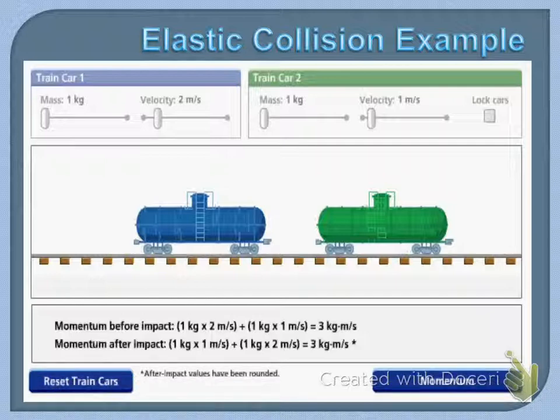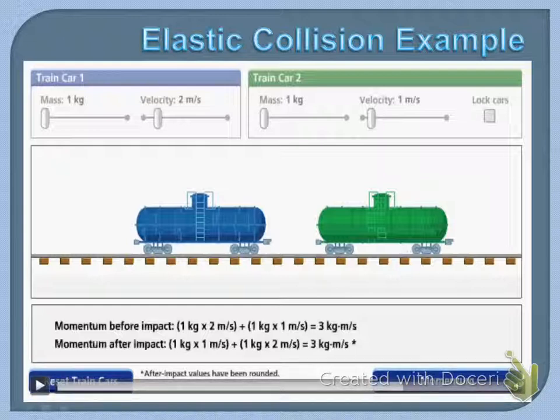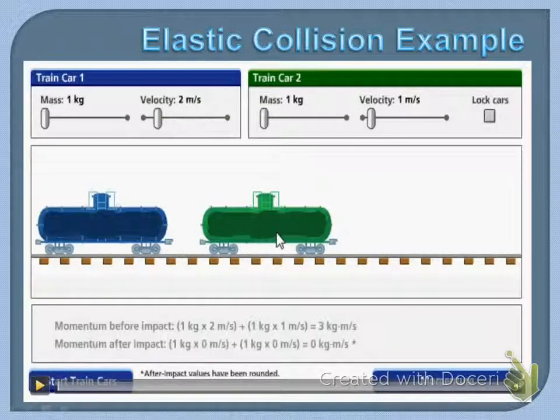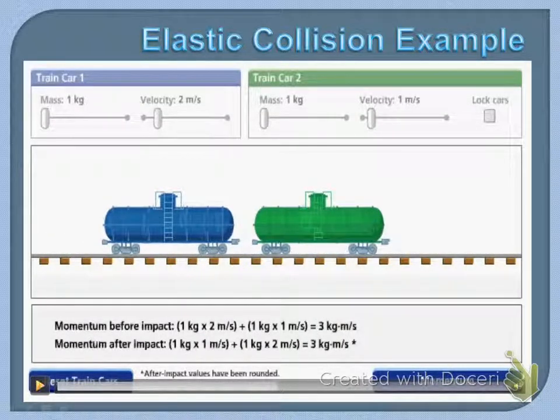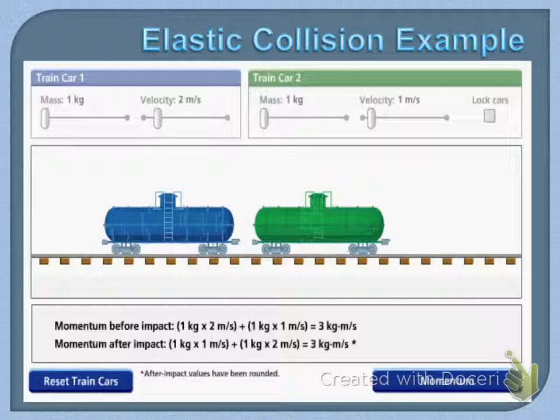So now we see that the momentum before the impact does equal the momentum after the impact for both of them. And notice that, let's look at that one more time, when the blue train car hits, what happens to its momentum? It actually changes.